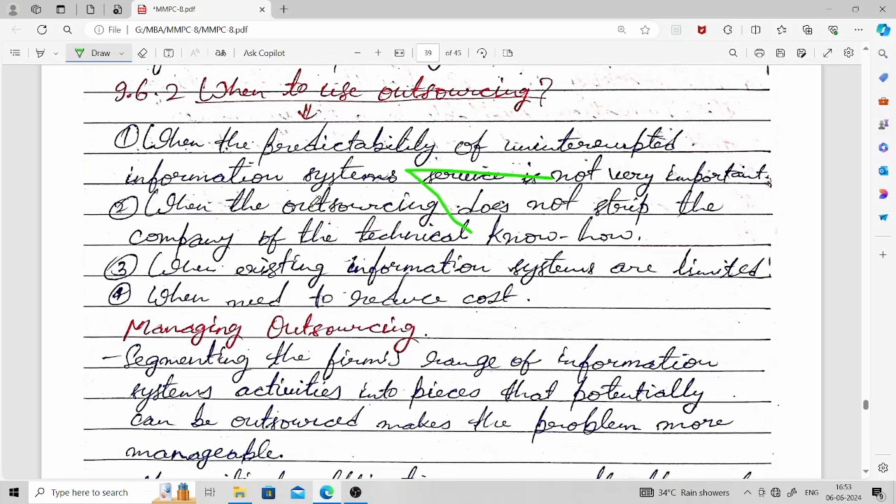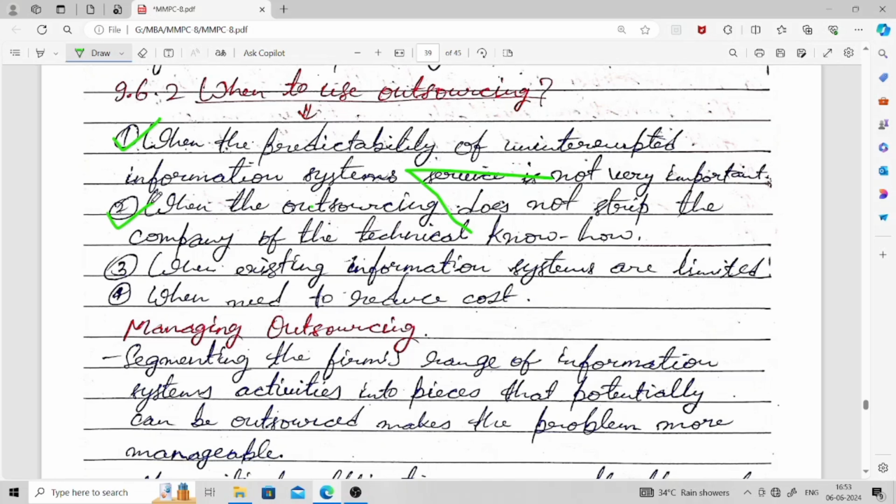It means if there is some kind of interruption, whether there will be any interruption or not, if that doesn't matter, then in that case we can outsource.